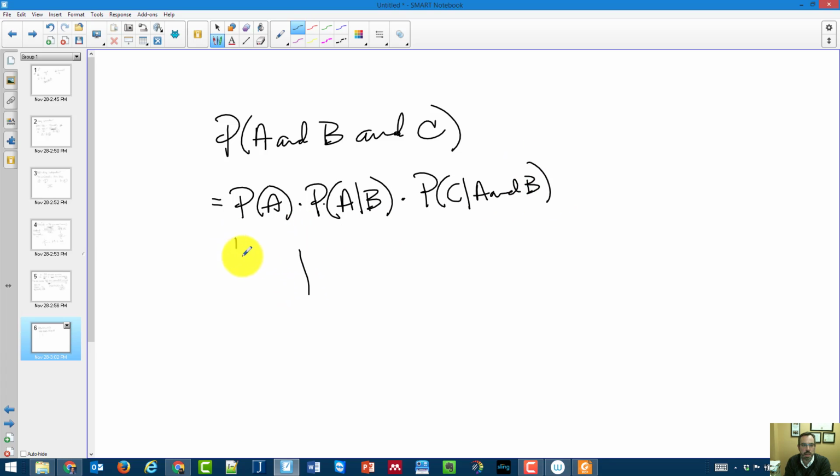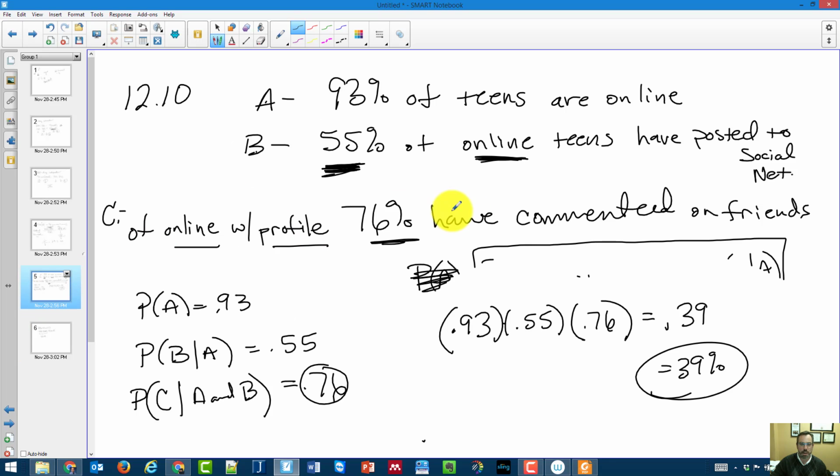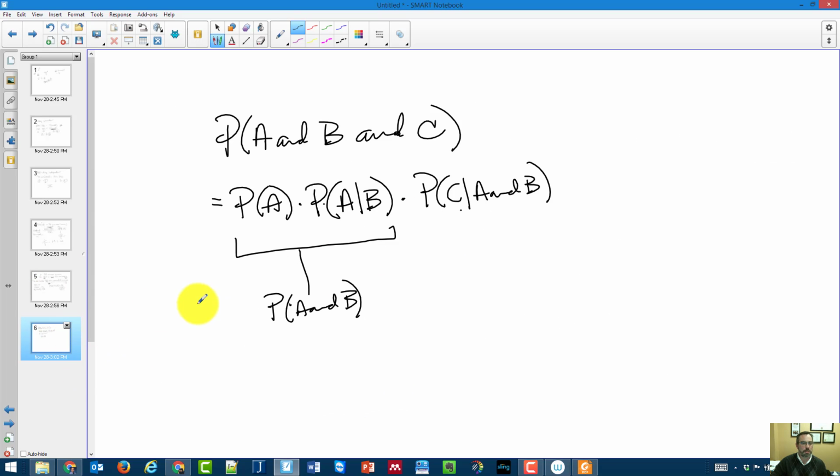So here was the probability of A and B, and here was the probability of C given those two things that happened. We're just multiplying all those things together. A lot of times it's just recognizing how those numbers get placed in there. So hopefully that helps clear up a little bit with the rules about dependence and independence.